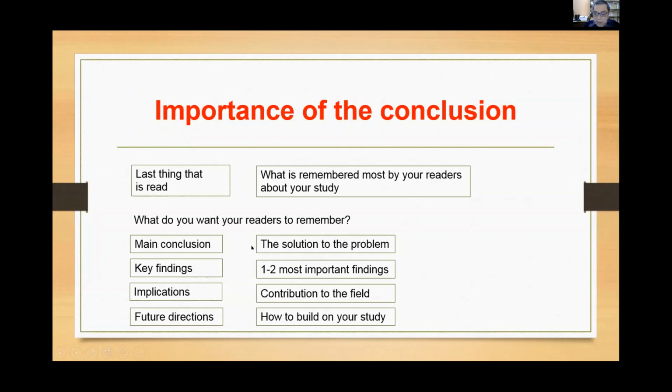The main conclusion, the solution of the problem, the key finding, one or two most important findings, implication, the contribution to the field, and future direction, how to build on your work. This is important, how people will continue from your work in future. So your conclusion can consist of these four parts.